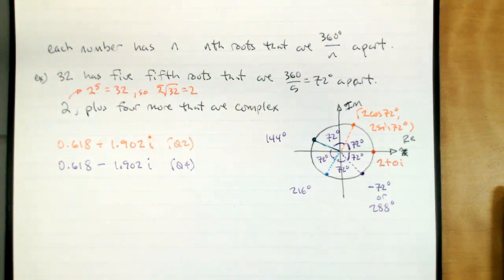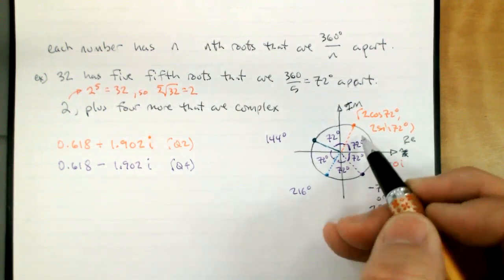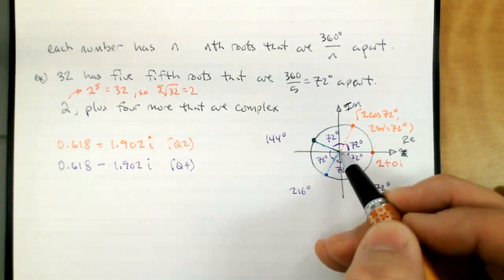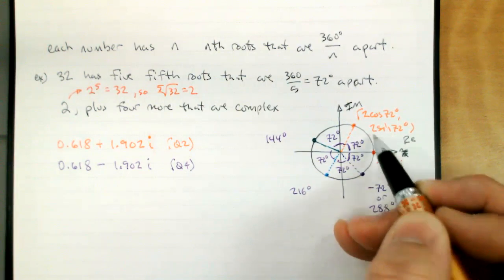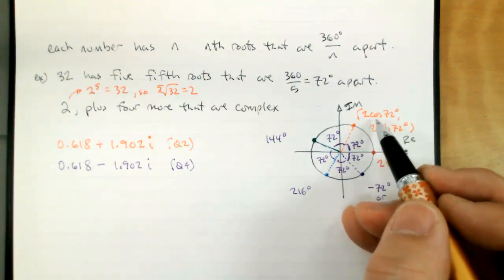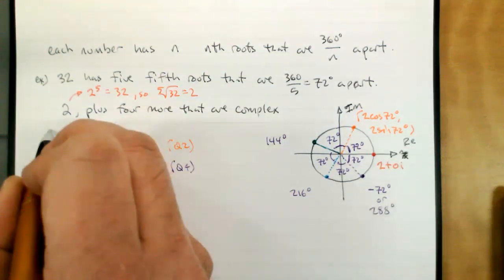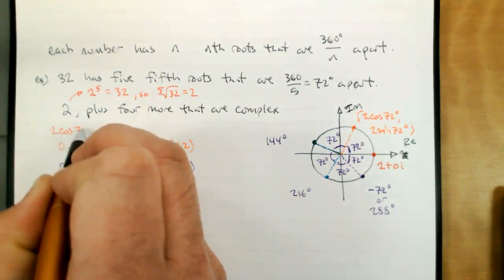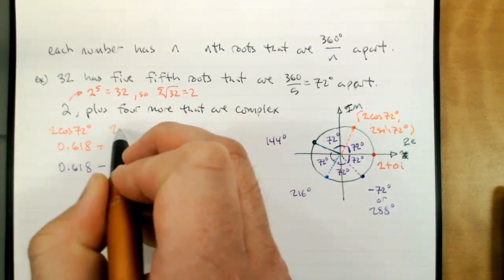I thought about this point 2 units away from the origin, 72 degrees above the positive real axis. The coordinates there will be 2 cosine 72 and 2 sine of 72.